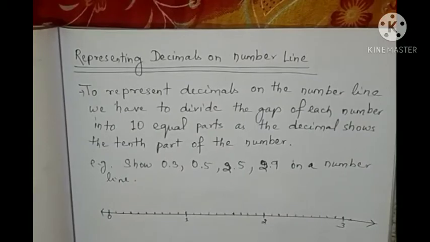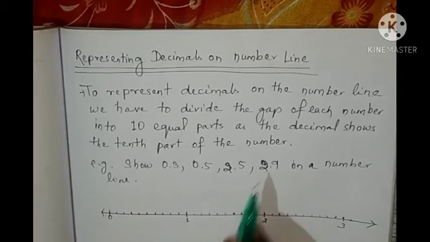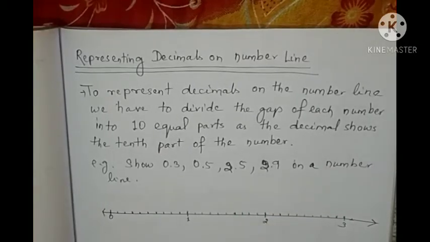Next we see representing decimals on the number line. How will we represent decimals on the number line? Like we represented fractions on the number line, we will represent decimals the same way. To represent decimals on the number line, we have to divide the gap between numbers into 10 equal parts.